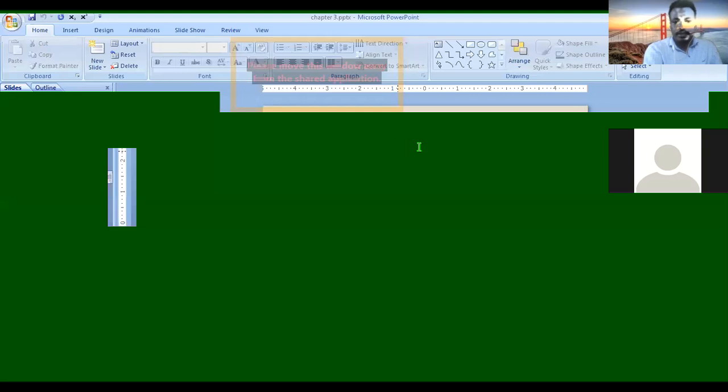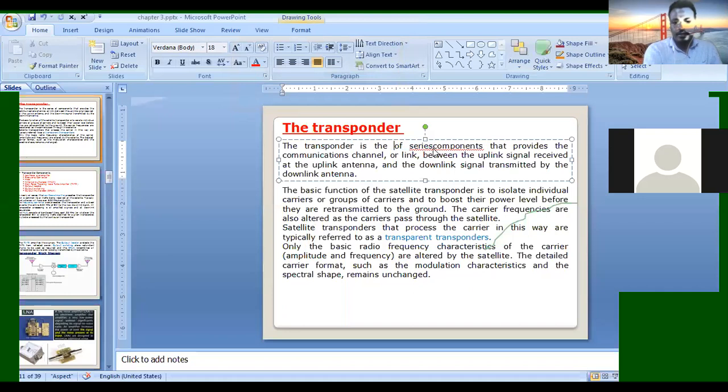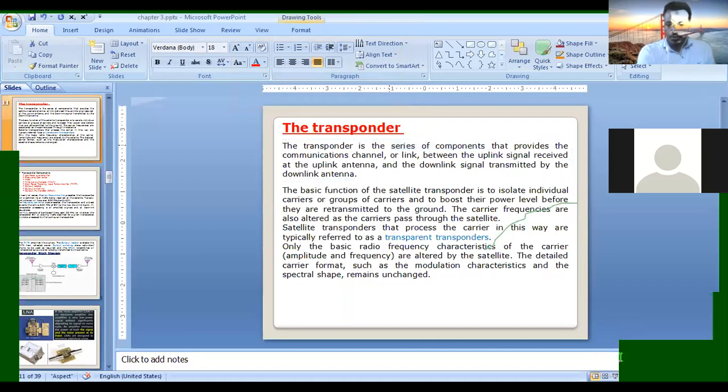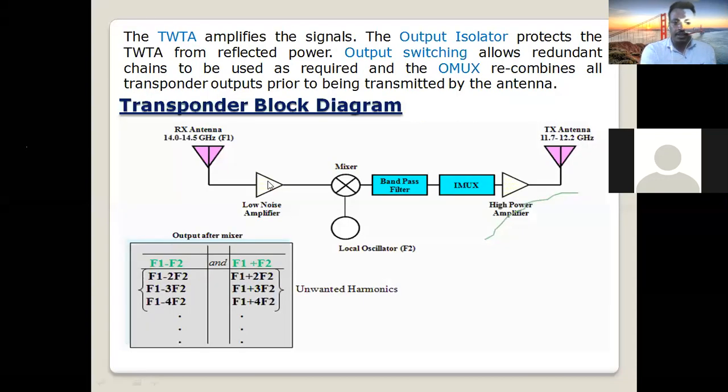It is a series of components, not one single component. That's what we call a transponder. So when you see a transponder, the first component we see is this low noise amplifier, LNA.